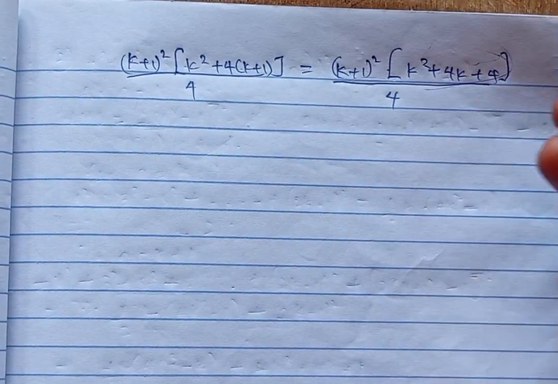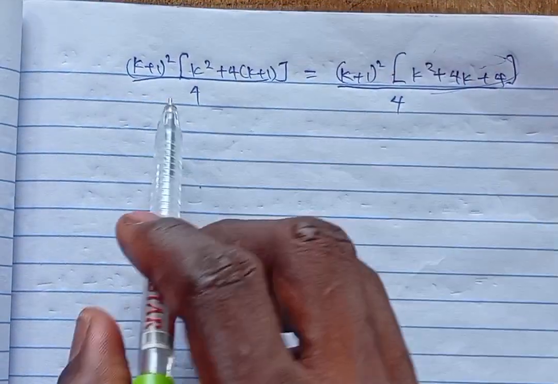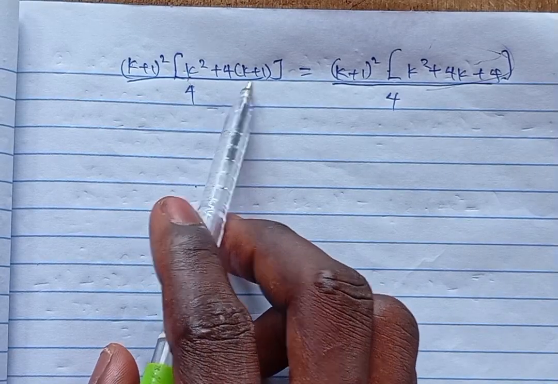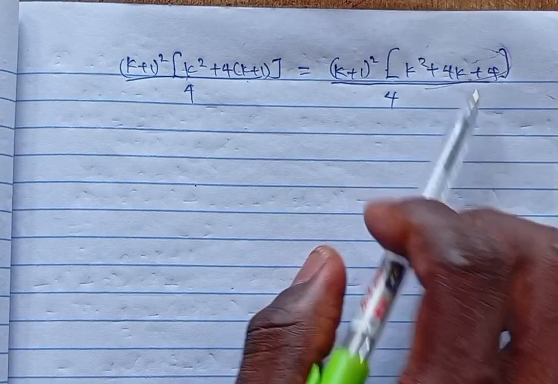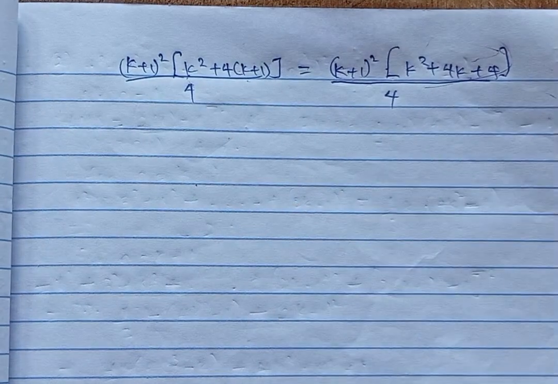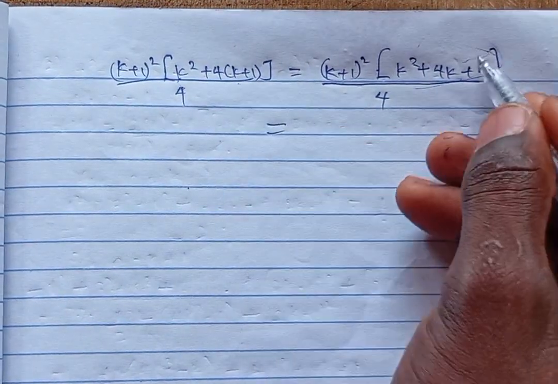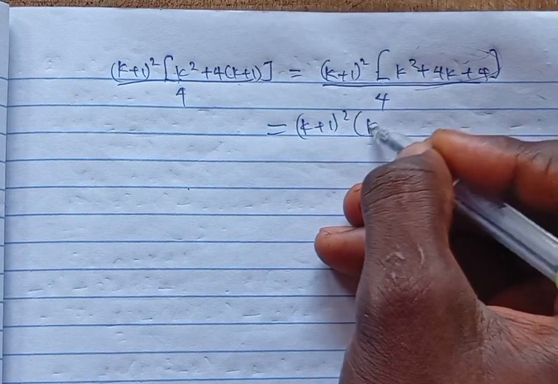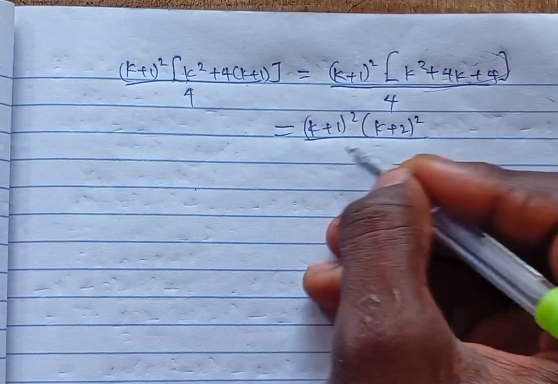This one you can simplify, right? You have k squared plus 4k plus 4, so you can factorize it and get (k plus 2) twice, everything over 4.